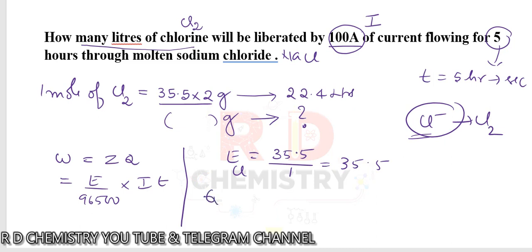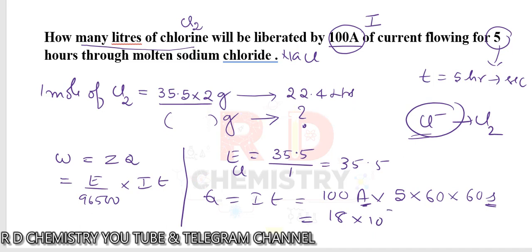Then I'll calculate Q is equal to I into T together. I is 100 amperes, into time T, which is 5 hours. Converting 5 hours into minutes, and minutes into seconds, ampere seconds are nothing but coulombs. So this is equal to 18 into 10 power 5 coulombs.